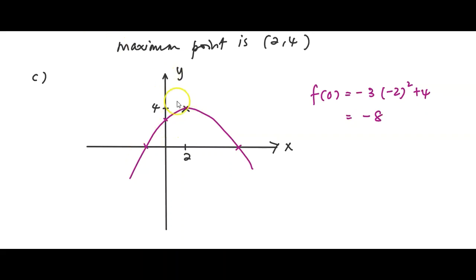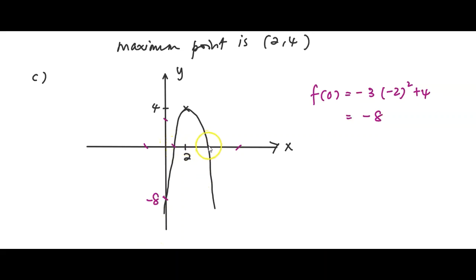The gradient should be higher, so I would like to modify my graph into this one. I should draw my graph in this shape and erase this one, because from f(0) equals negative 8, I know that my graph should pass through negative 8 when x equals 0.